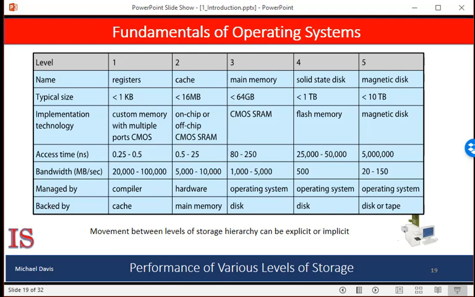Because caches have a limited size, cache management is very important to system design. Careful selection of the cache size and of a replacement policy can result in greatly increased performance, as you'll see by examining this figure on your screen.